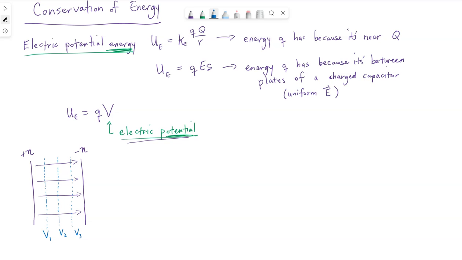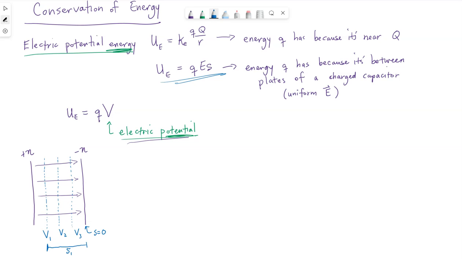And again, when we derived this equation for potential energy, we defined the negative plate as S equals 0. And so in our equation, S simply represents where we are measuring from that negative plate.